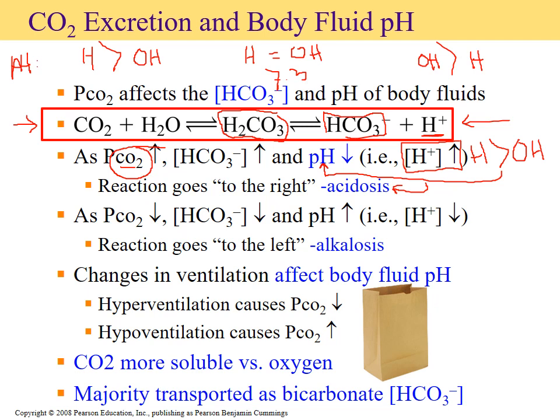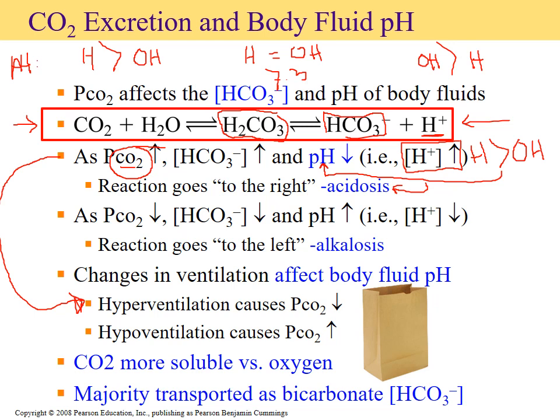We can get rid of it quicker. So what we're going to see happening is that your body is going to respond to high levels of CO2 by hyperventilating. And when you're hyperventilating, you're basically speeding up your exhalation pattern so that the carbon dioxide is expelled faster and can hopefully go back to its normal levels.